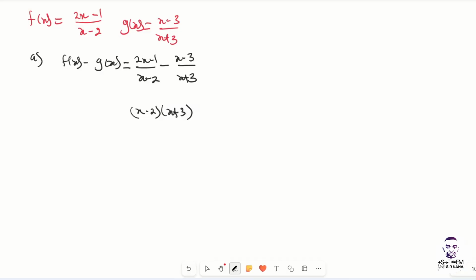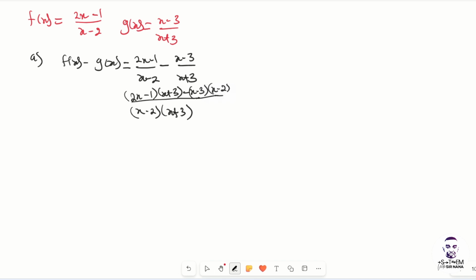Then realize that x minus 2 goes into x minus 2, so it cancels out, and we'll be left with x plus 3. So we take the 2x minus 1 and multiply it by x plus 3. Then we bring the minus sign, and in this case x plus 3 cancels out x plus 3, so we have x minus 3, multiplying the expression x minus 2.